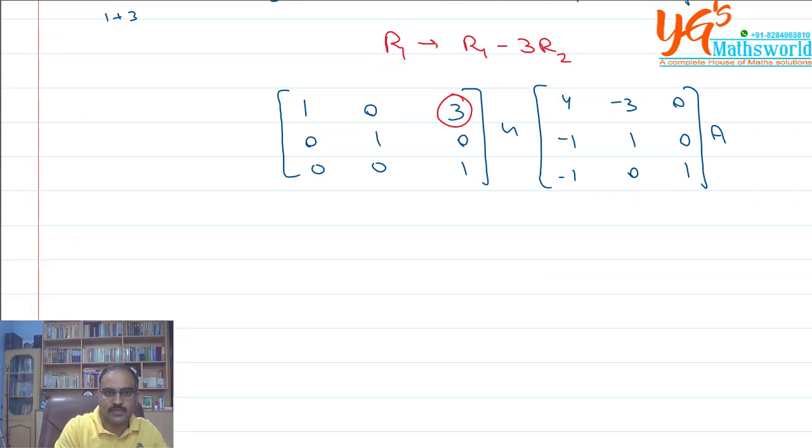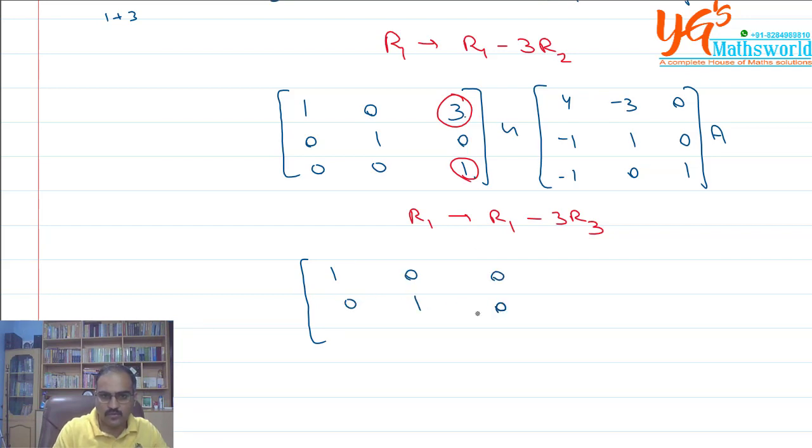Okay, so the operation will be on row 1, that is R1 minus 3 times this element R3. So it will be 1 minus of 0 1, 0 minus 0 0, 3 minus 3 0.